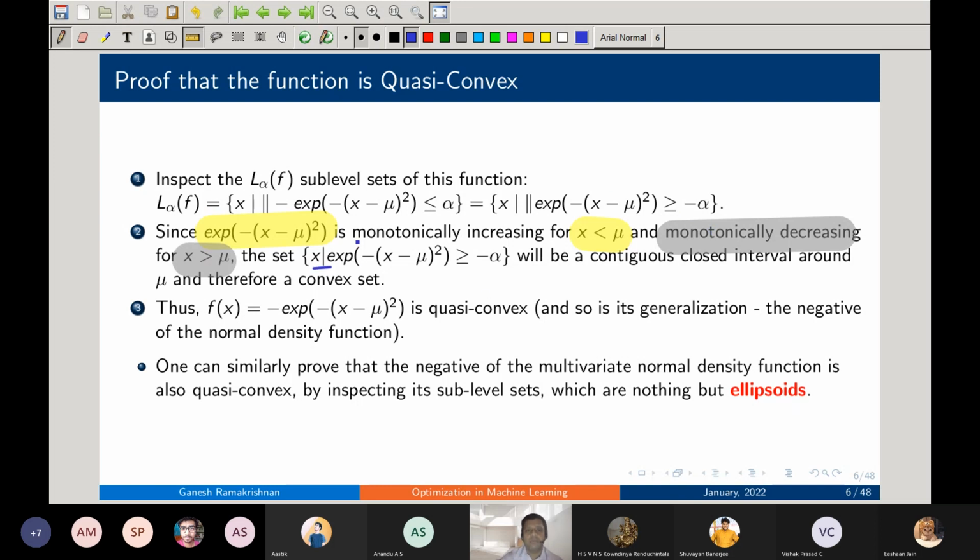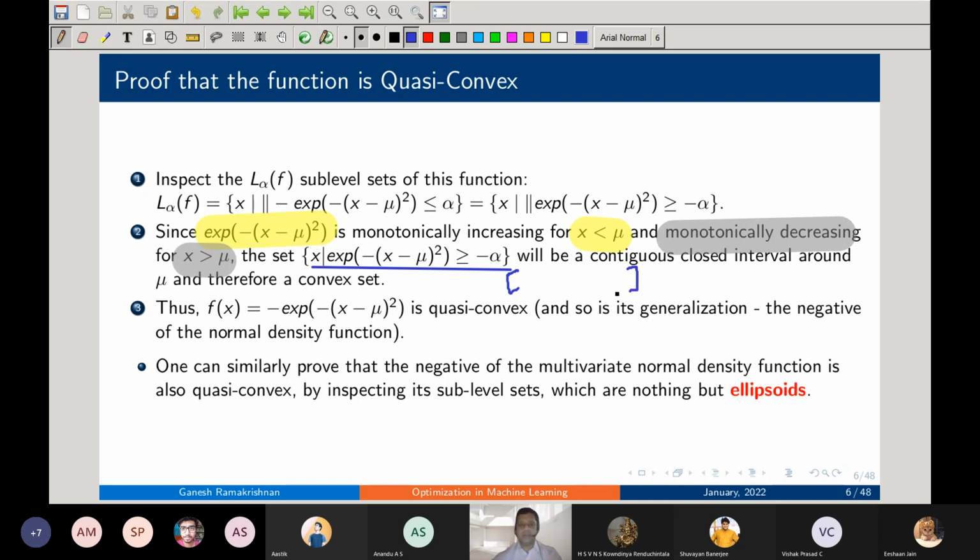So this set, what do we expect this set to be behaving like? Can anyone plot this function? Have you tried plotting this function? So would it behave like this?